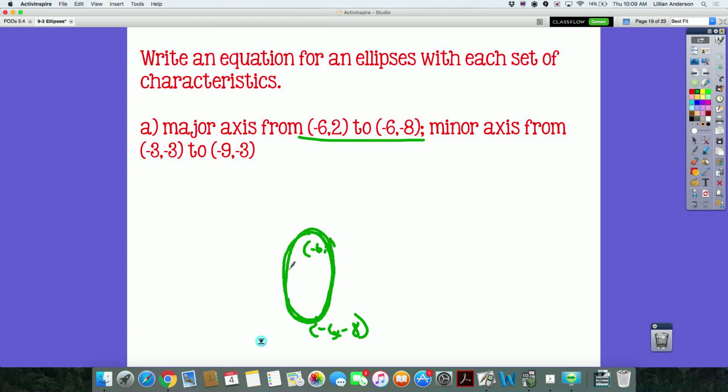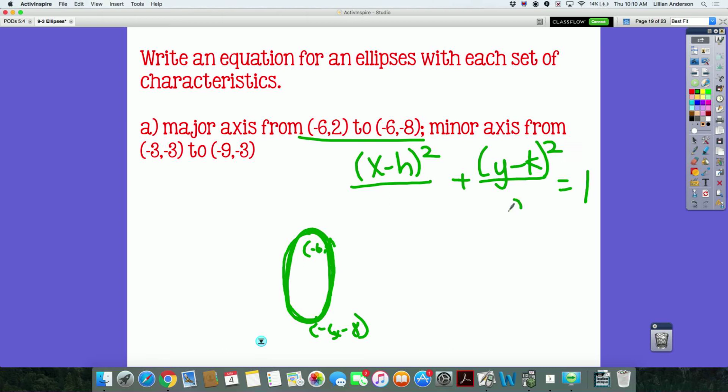Because the x's don't change but the y's do, our major axis is vertical, meaning our ellipse is vertical. Which means that in our general equation for an ellipse, the a squared is going to be underneath the y's, and the b squared is going to be underneath our x's, because again, it is a vertical ellipse.